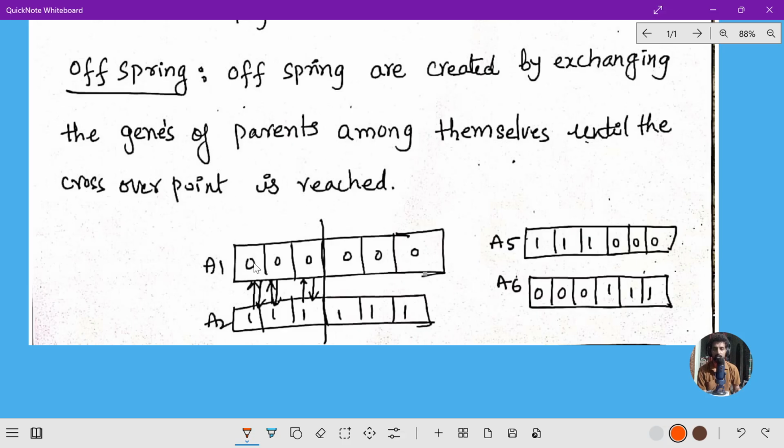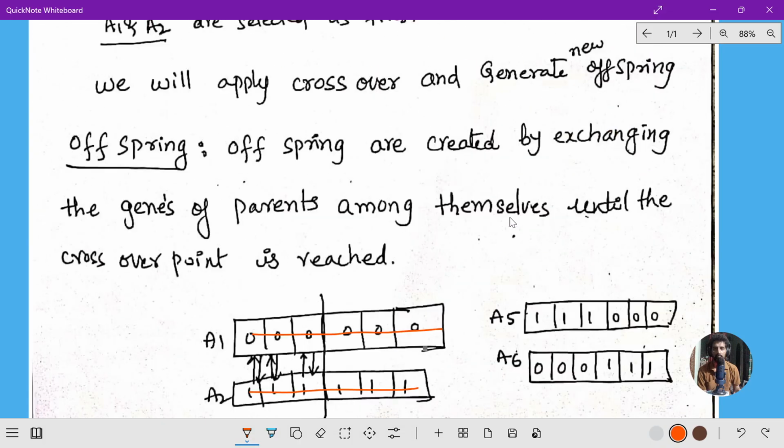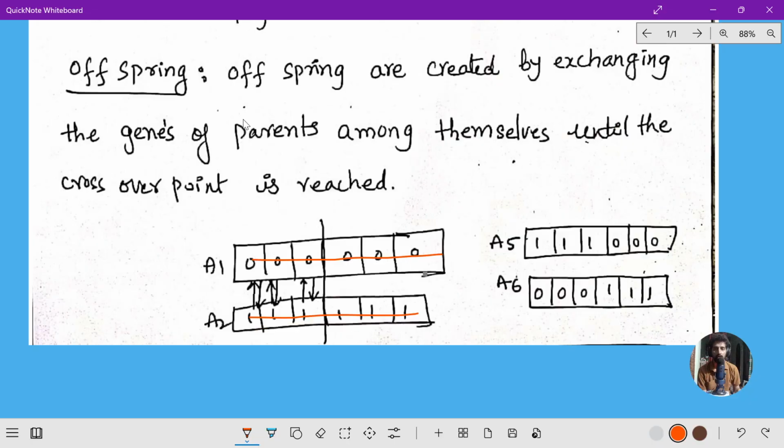After completion of this, you observe A1 is 6 zeros, A2 is 6 ones. So when we say offspring, what is going to happen? Actually, after completion of this crossover, it will be reflected in the offspring.